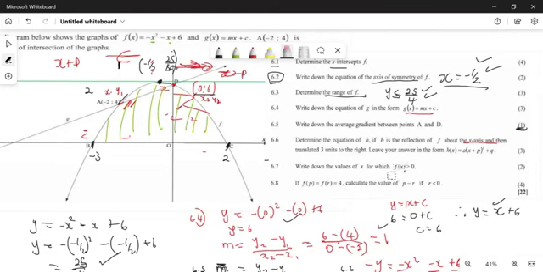It's going to be x greater than -3, but x less than 2. Or if you don't want to write it this way, you can say x is an element from -3 up until you get to 2, because it's not included. I guess they didn't put any equal sign here.